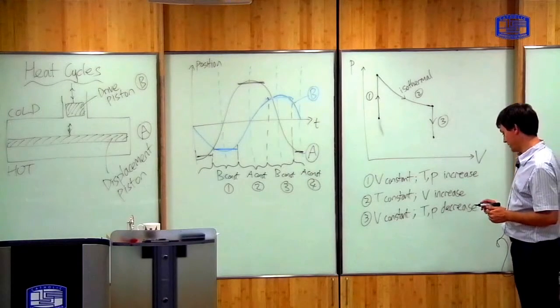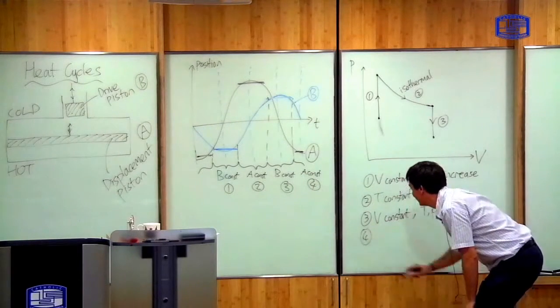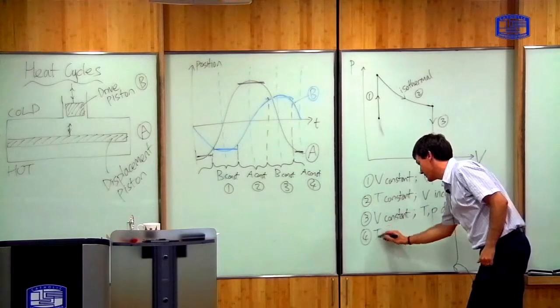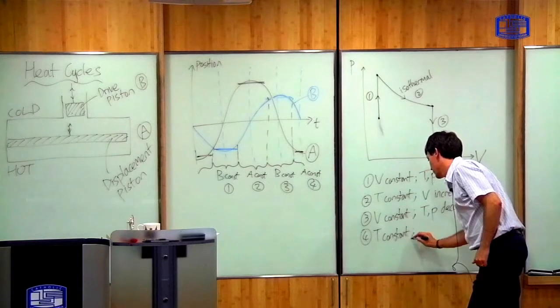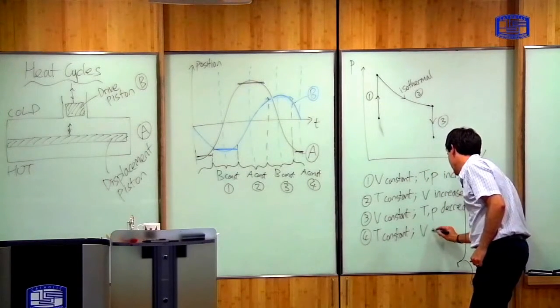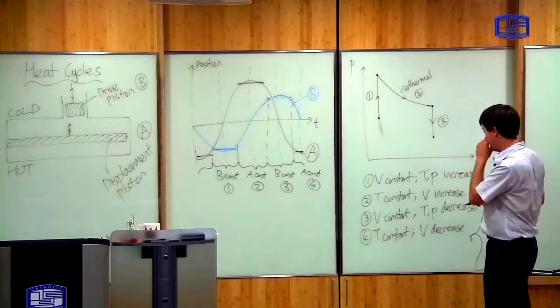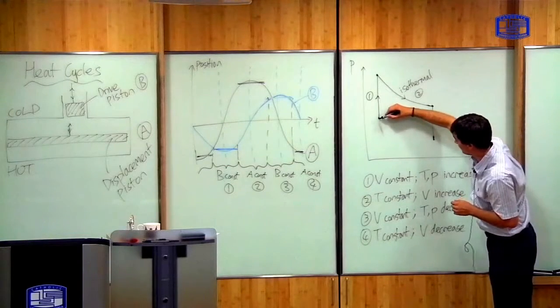And then finally, I'm afraid I've got to write it down here. Finally, again, the temperature is now cold, but it's constant. And the volume is decreasing. So the final stage 4 looks something like this.